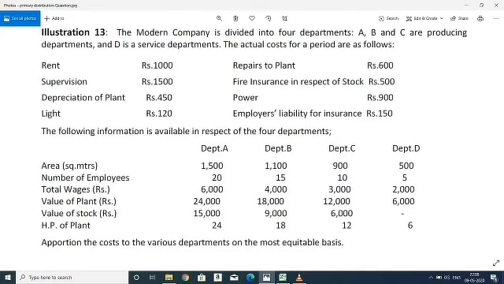Our question is this: the Modern company is divided into 4 departments. A, B and C are producing departments and D is a service department.